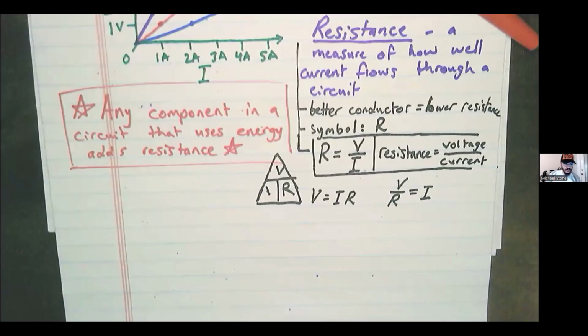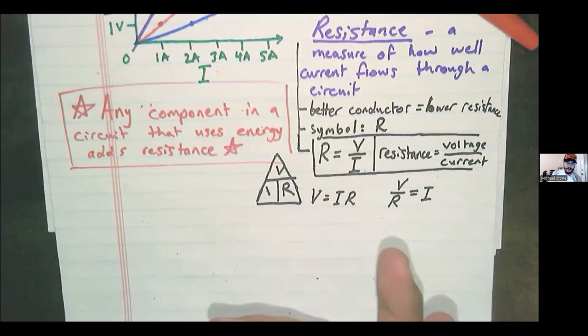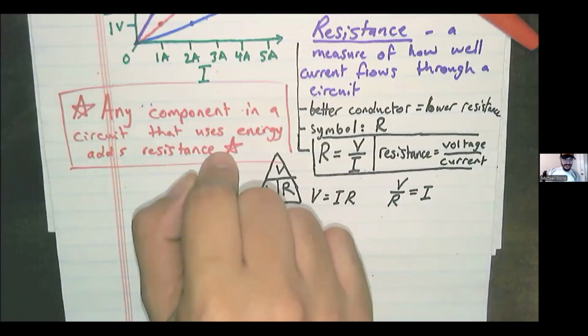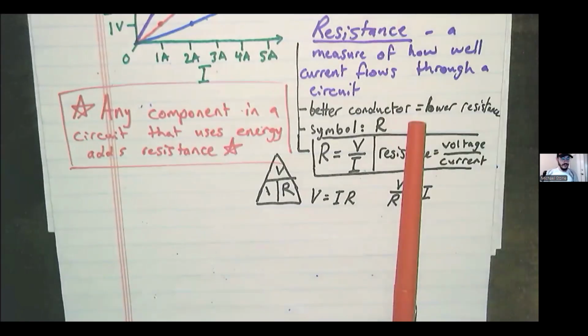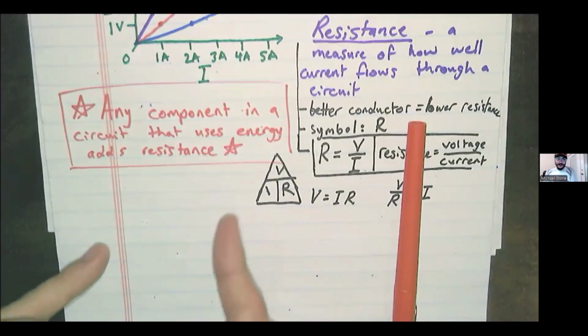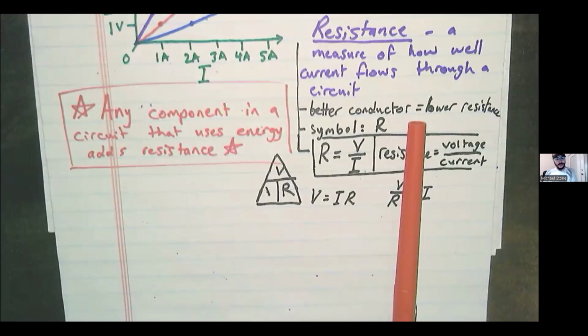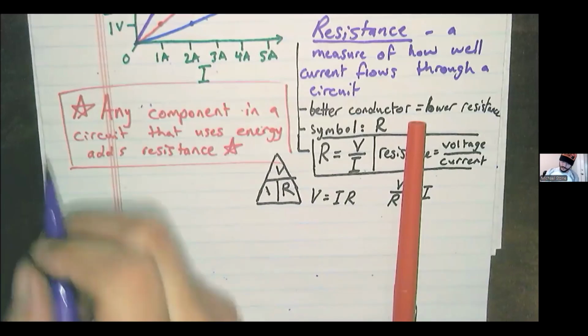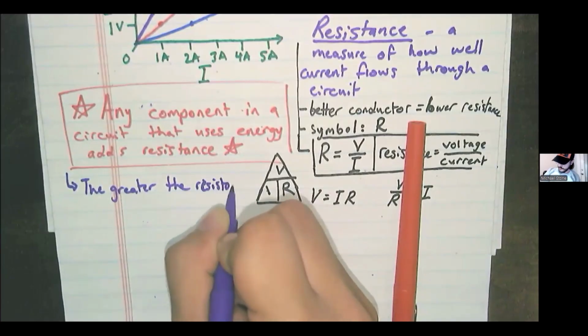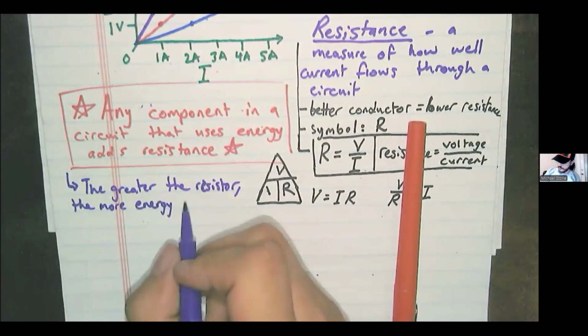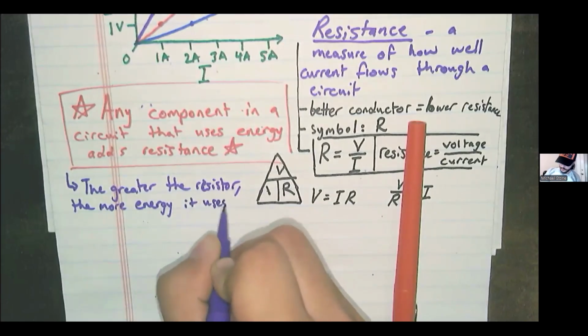That way you don't blow a circuit. Or if you have a variable resistor, you can control the amount of current to your liking. But not all resistors are necessarily things that are just added as speed bumps for your electrons. A motor is doing work. You think of that as something useful. Well, it's still adding resistance, and you have to treat it as a resistor because it uses energy. And remember, the greater the resistor, the more energy it uses up.